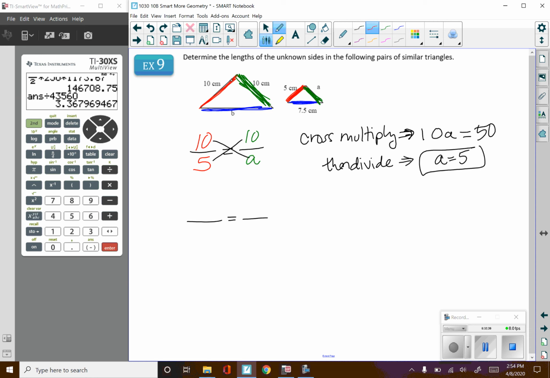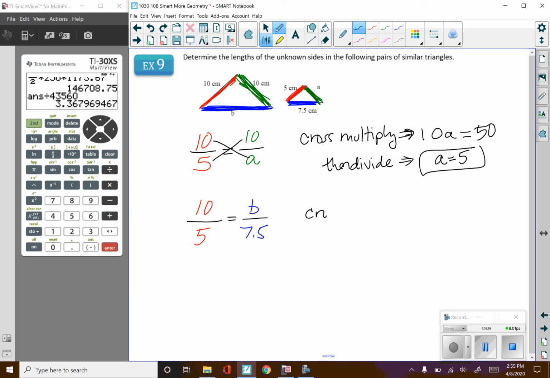And we'll set up a similar proportion to find side B. Again, using the red sides that we know, 10 over 5. In the larger triangle, we have the blue side is B, and in the smaller triangle, 7.5. So there's our setup.